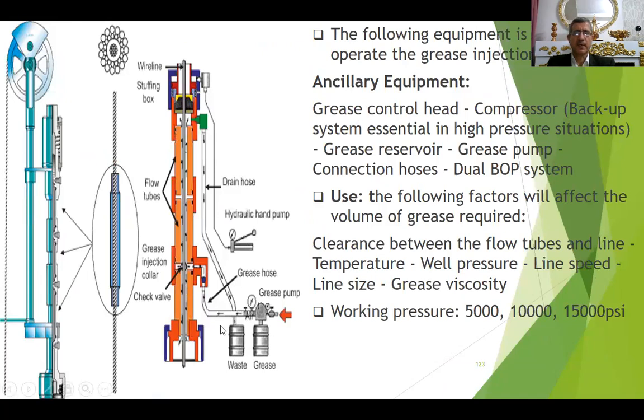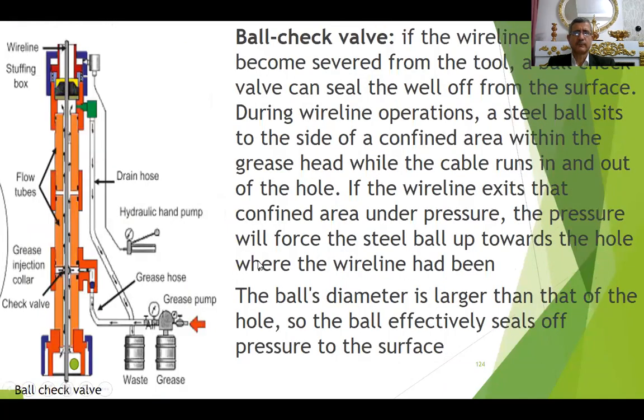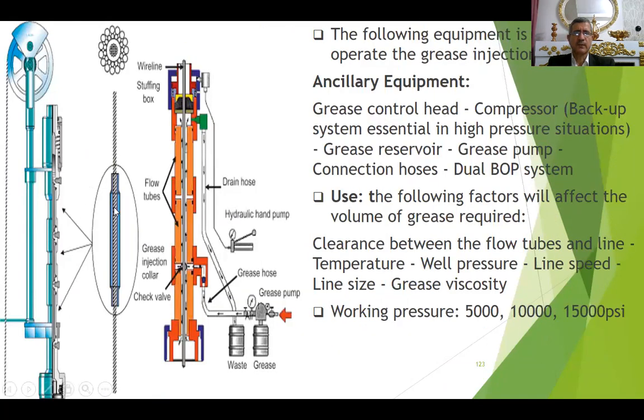Here is the grease injection system, pump here, and the return will be here to the waste drum. There should be clearance between the cable and the internal side of the flow tube between 0.002 to 0.008 inch.